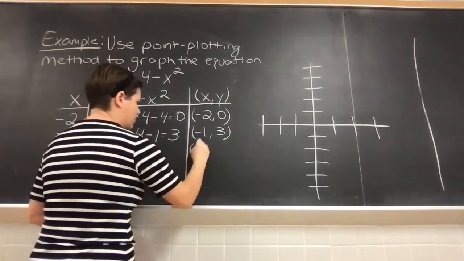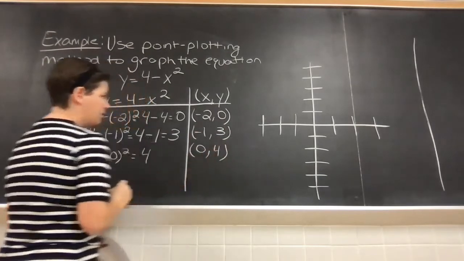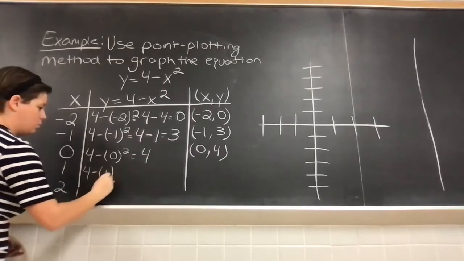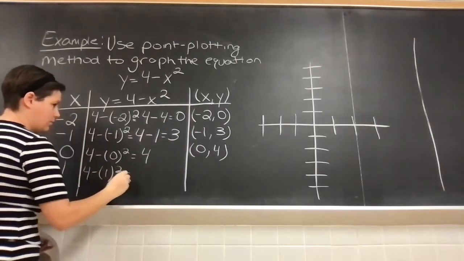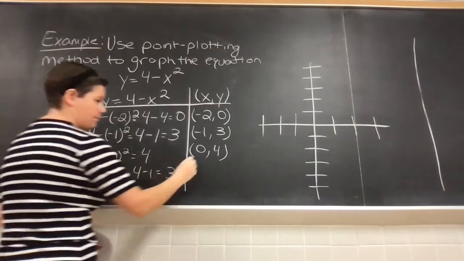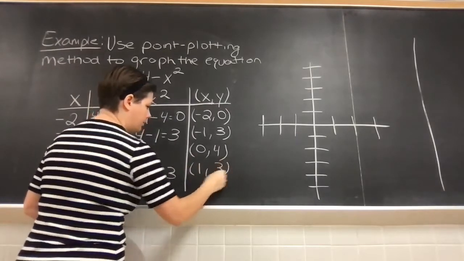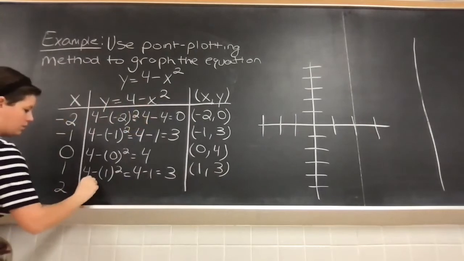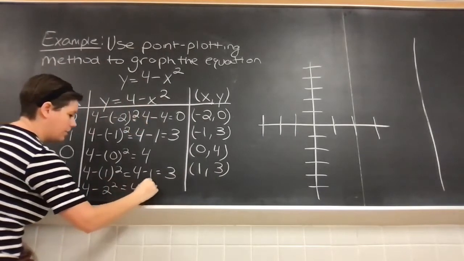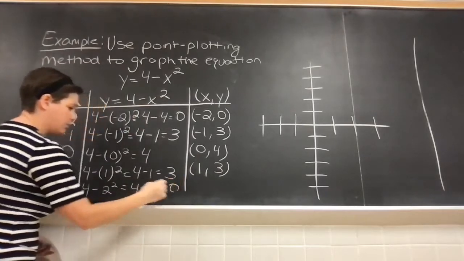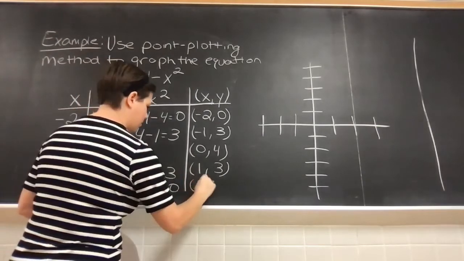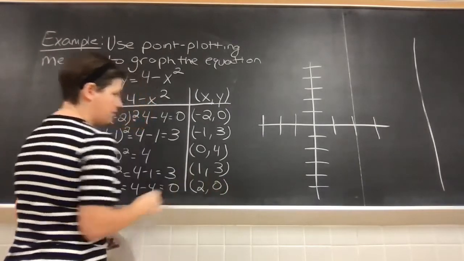So when x is 0, y is 4. 4 minus 1 squared equals 4 minus 1, which equals 3. So at 1 we have 3. 4 minus 2 squared equals 4 minus 4, which equals 0. So this one has a little bit of symmetry in it. 2, 0.